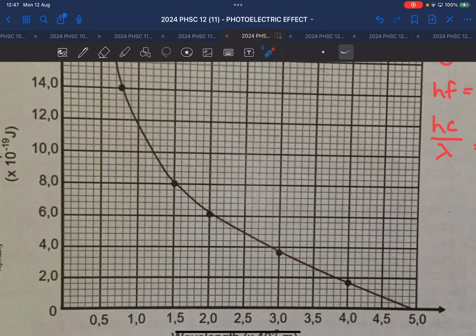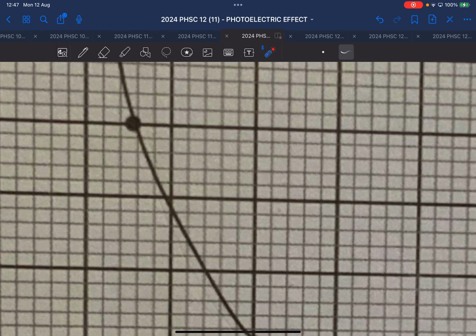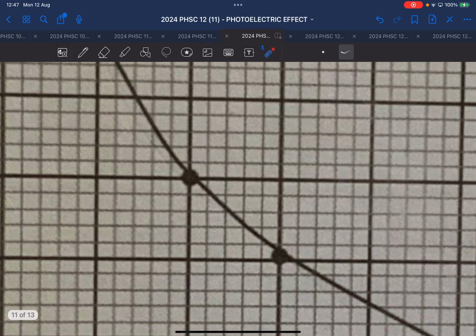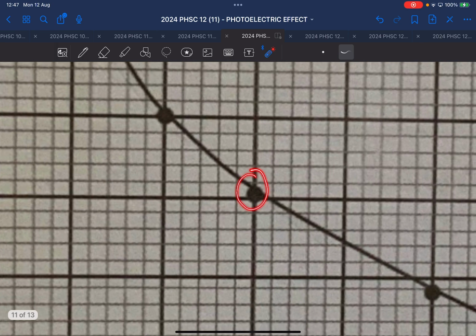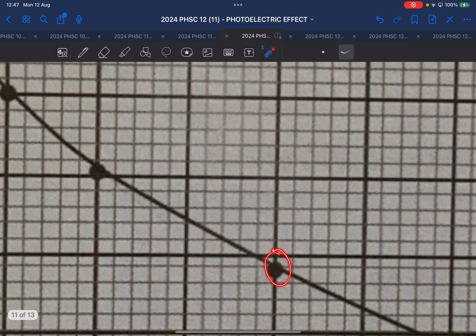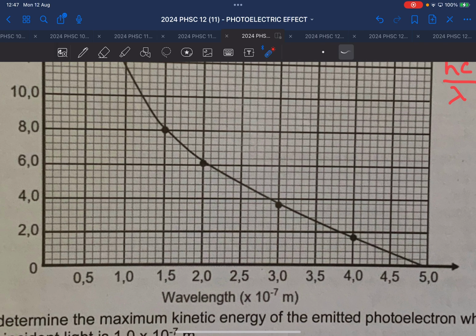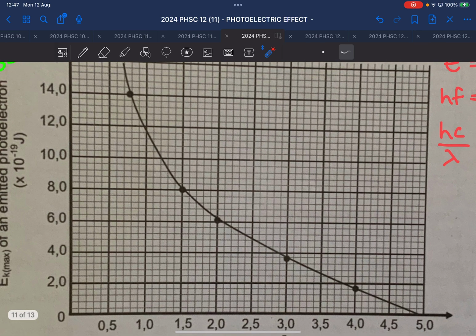Now be careful. Some of these points, like this one or this one, are not exactly on the line. Can you see that? This one, not exactly on the line. This one, also not. So be careful which points you choose. I think the one that is the most on the line is 1.5 or something like that.